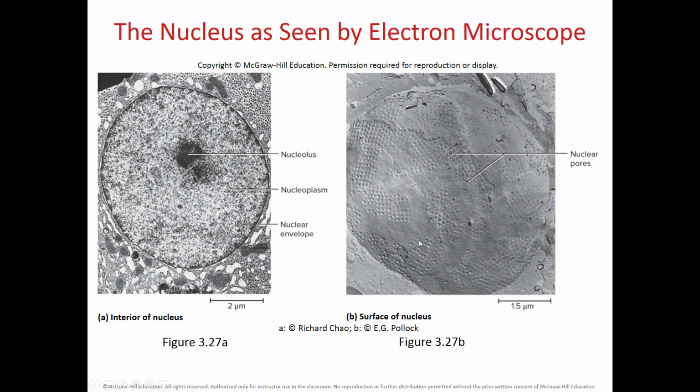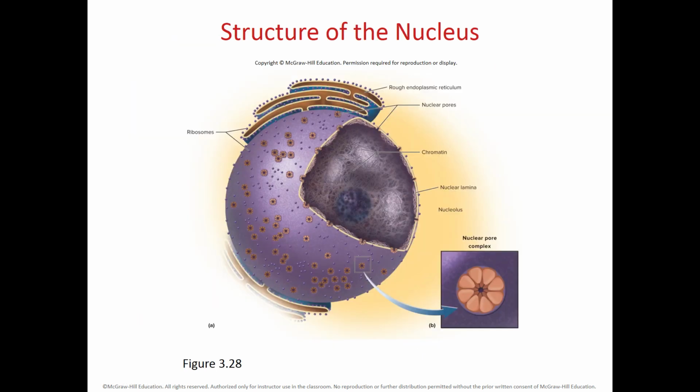And then with this freeze fracture of an electron microscope, you can see the characteristics of the nuclear membrane. So this is the nuclear membrane, and then you can see these gaps that are called the nuclear pores, through which substances can move in and out of the nucleus. Now the nucleus is connected to the rough endoplasmic reticulum.